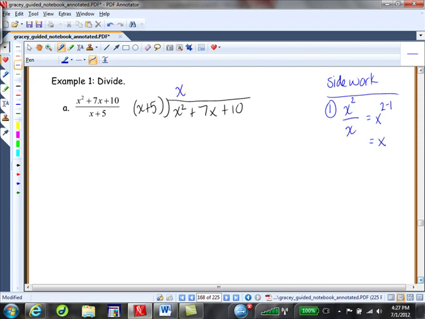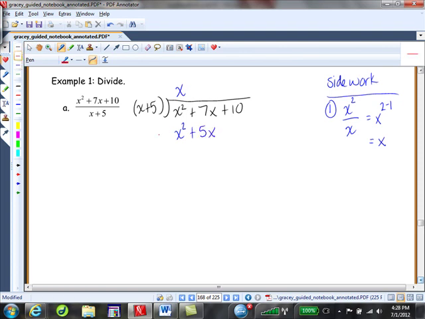Now, remember how before you put in the number and then you multiplied through? We're doing the same thing. You have to distribute that x through the x plus 5. So x times x gives me x squared, and x times 5 gives me plus 5x.